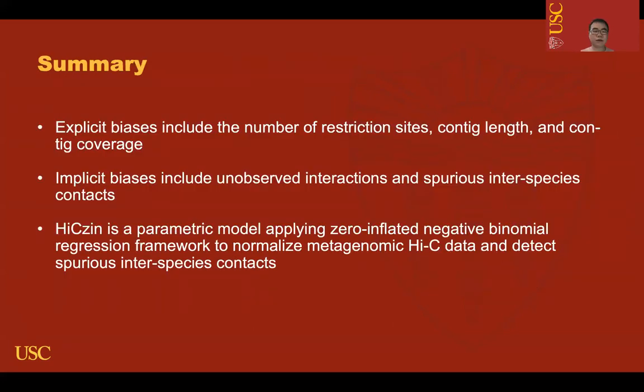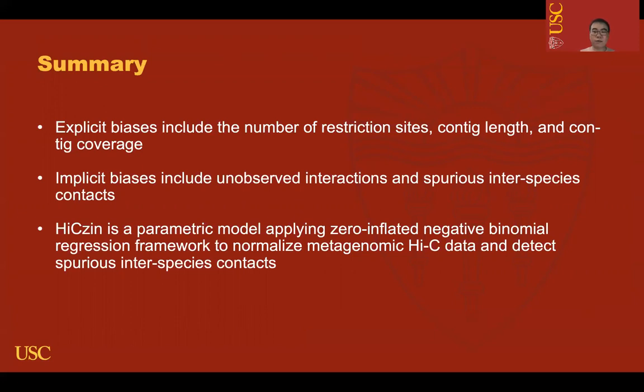Okay, so let's make a conclusion. In this presentation, I put forward two types of biases for the metagenomic Hi-C data: explicit biases and implicit biases. Explicit biases include the number of restriction sites, contig length, and contig coverage. Implicit biases include the unobserved interactions and spurious inter-species contacts.